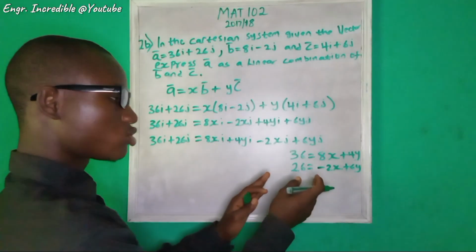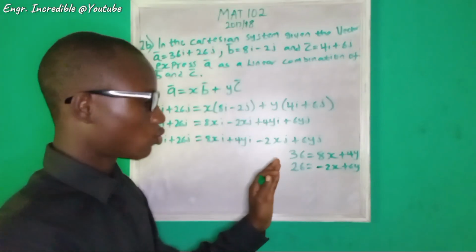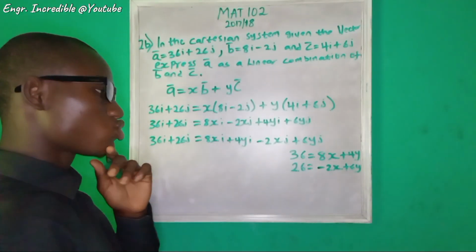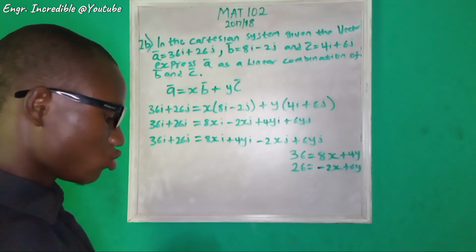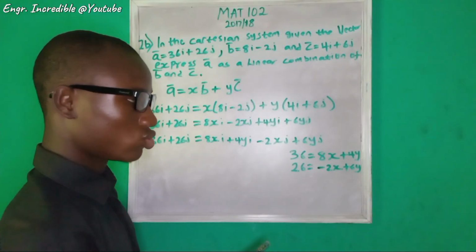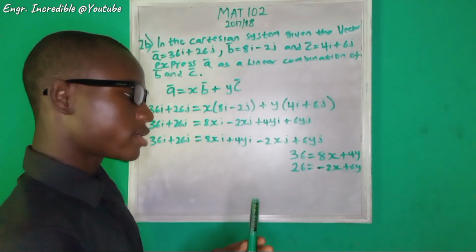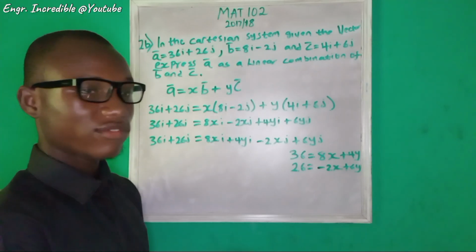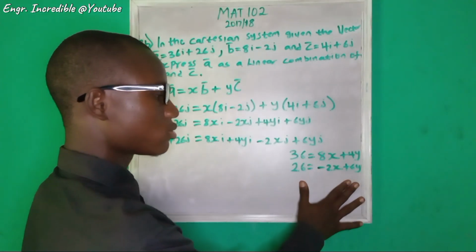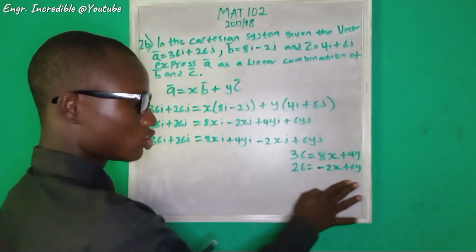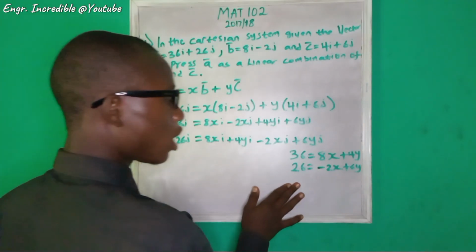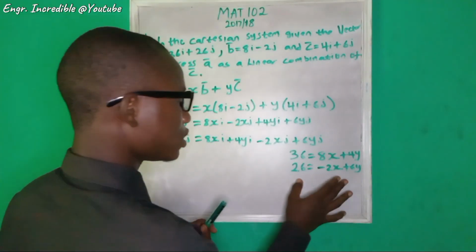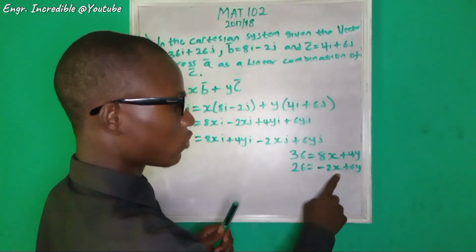So now these are the two equations that we are going to be bringing out, equation 1 and equation 2. So from any one, we are going to bring out a third equation, making either x or y the subject of the formula. So me, I'm picking my equation number 2. So out of number 2, I'm going to be bringing out x as the subject of the formula.